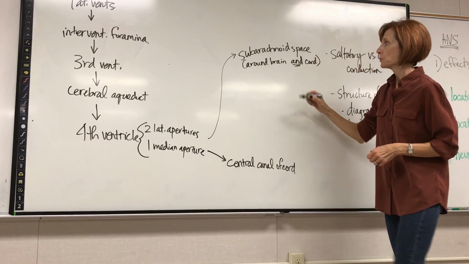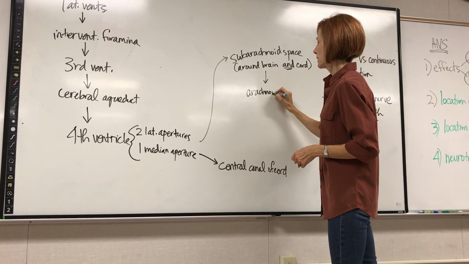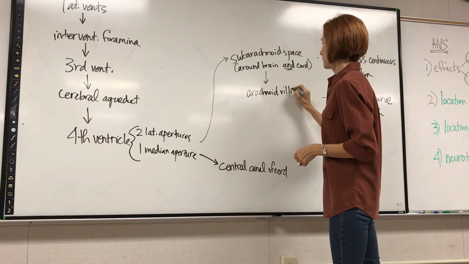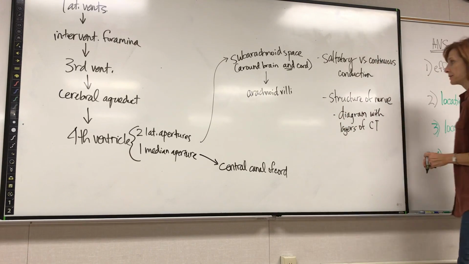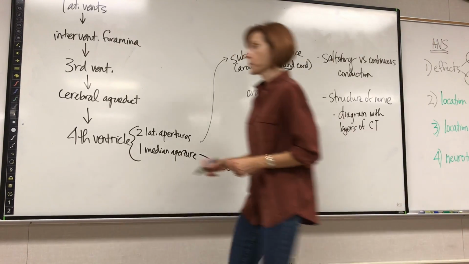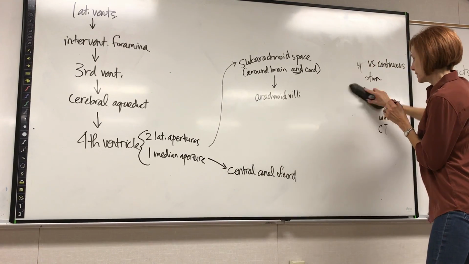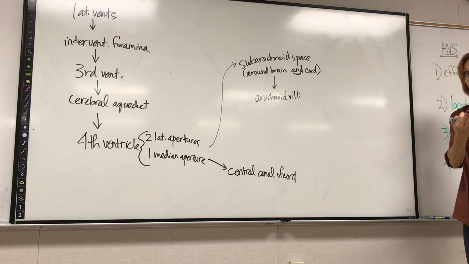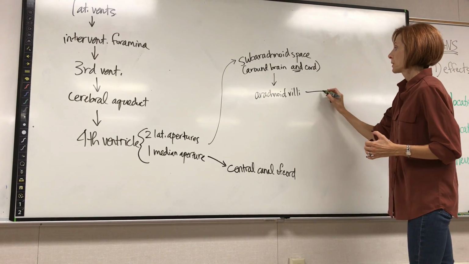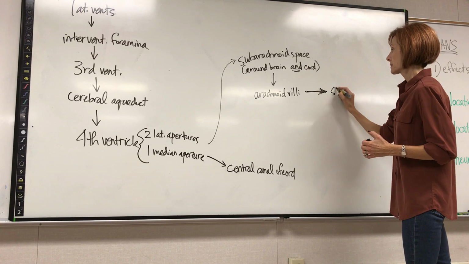And eventually it will travel through the little arachnoid villi. And these project into what space? The superior sagittal sinus. Yeah, and I call it a space because it is a space between the layers of the dura mater. You guys know it contains blood, but the little arachnoid villi extend up into that sinus.